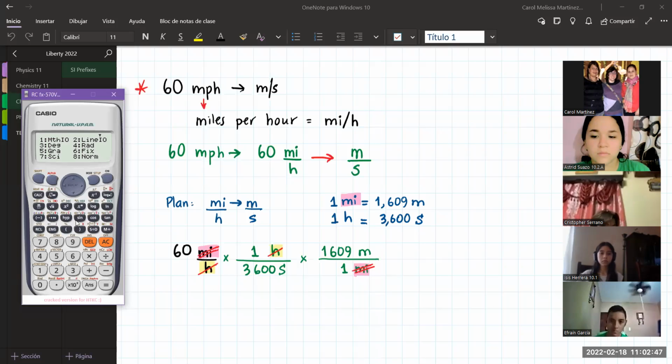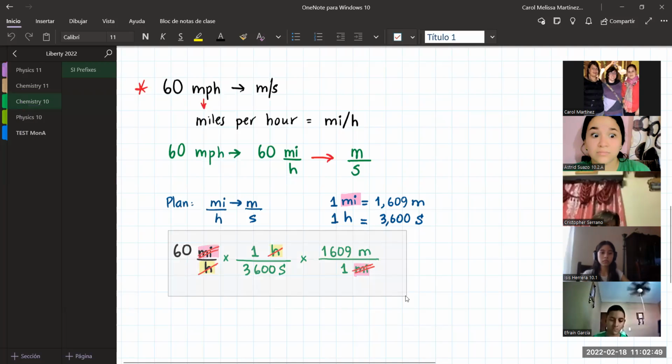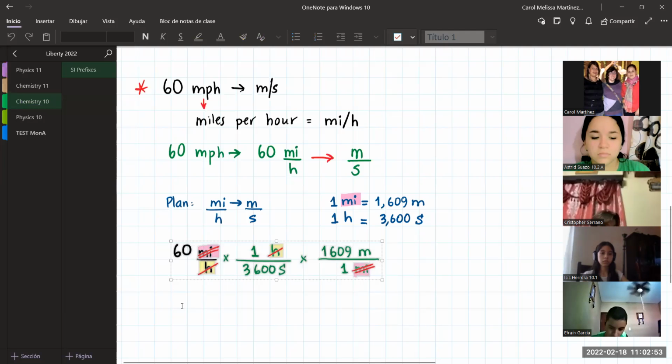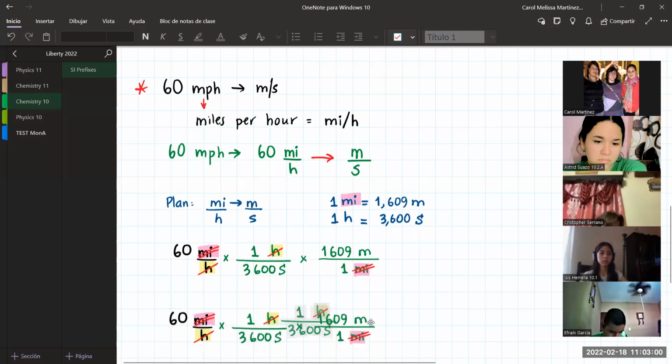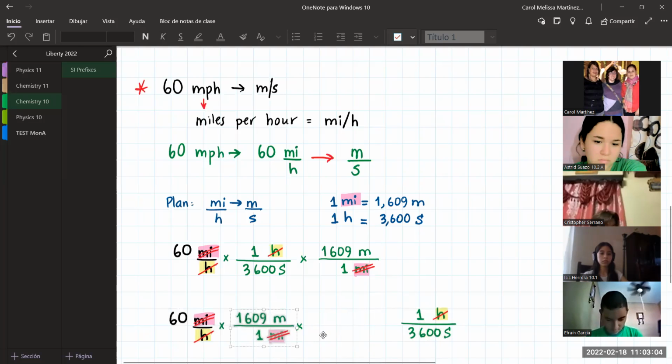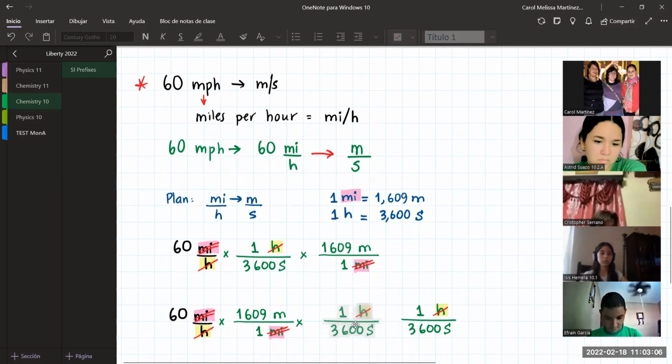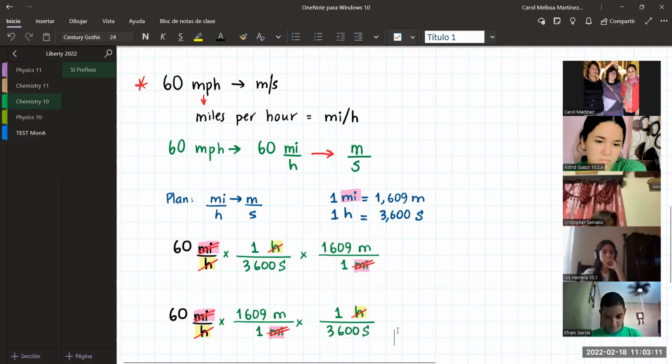So you can do this procedure as you said, or you can do it converting miles to meters first and then hours to seconds. If you do also this procedure, you will notice that in the end, the answer is going to be the same. Do it in the second way and you will notice that it's going to be the same.